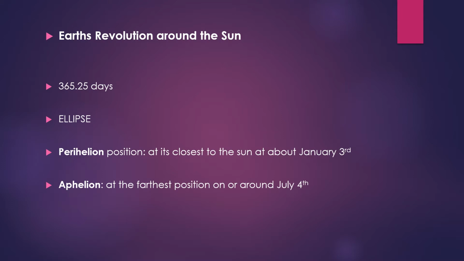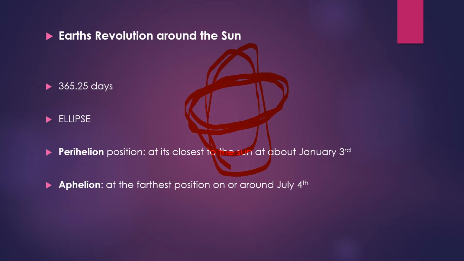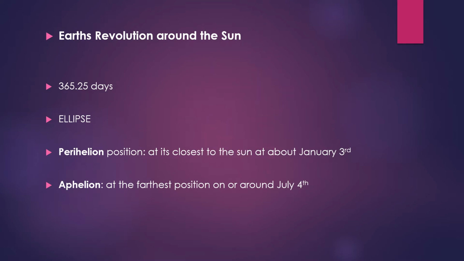There are natural forces that make our climate change, but also anthropogenic or human forces. One of those natural ways is our trip around the sun. It will change, and that will change our entire relationship with the sun. The trip it takes is an ellipse.